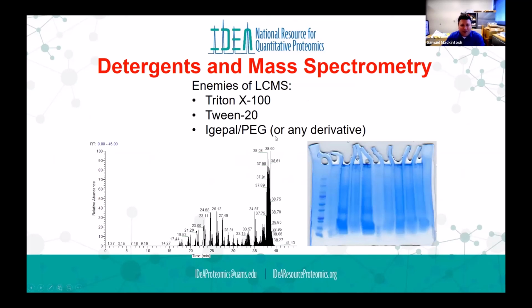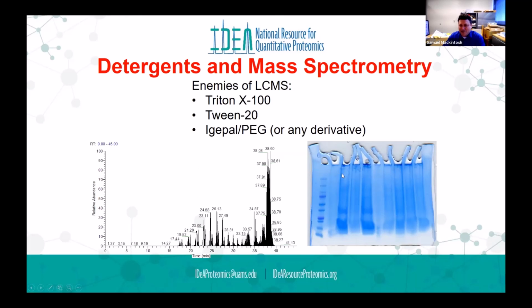Okay, so transitioning to the detergent issue, this is Triton X100. That's the bane of LCMS spectrometrists, and you can see from looking at these figures why that is. If you have too much detergent in a sample, you get a PEG signal on the chromatogram. You get poor chromatography of peptides, and it's basically the same thing you see on this gel here.